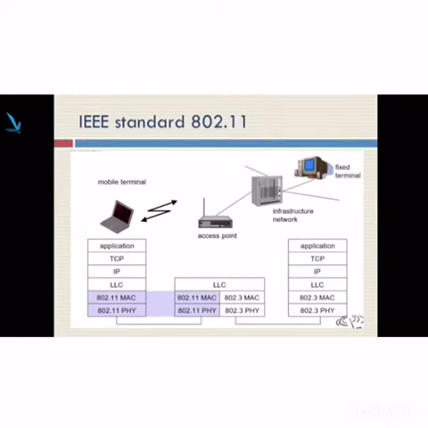The mobile terminal communicates with the access point, and through the access point the signal is sent over the infrastructure network to the fixed terminal. The stack is shown over here for the mobile terminal and fixed terminal, and the physical and MAC protocols are compatible, so these two layers can communicate with each other.